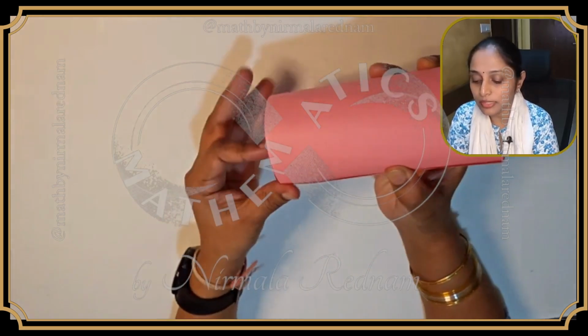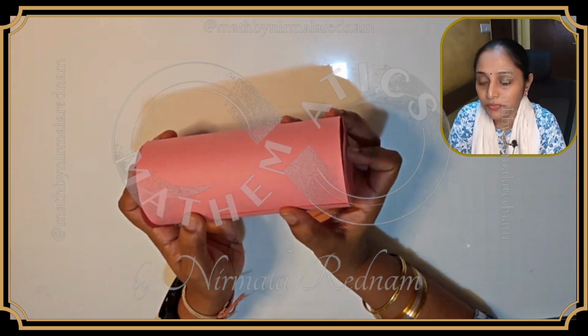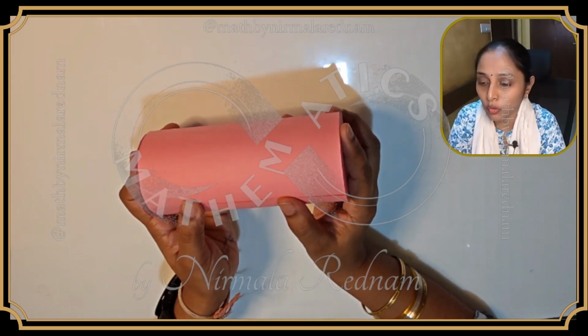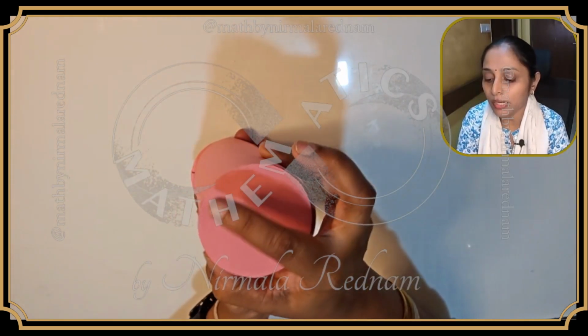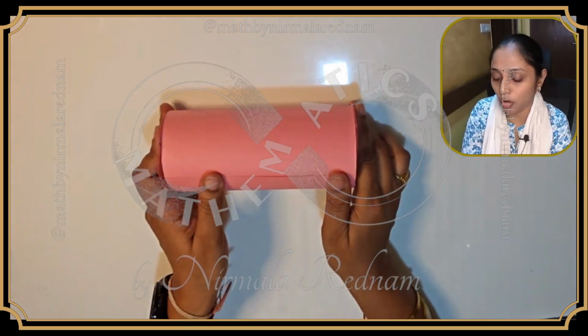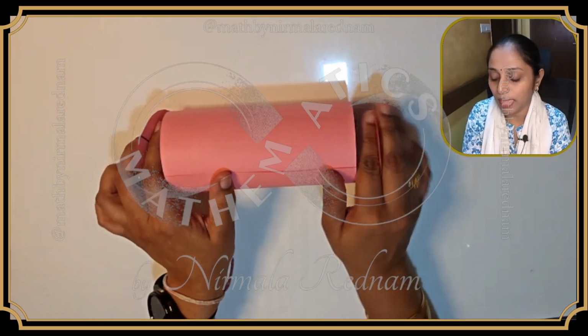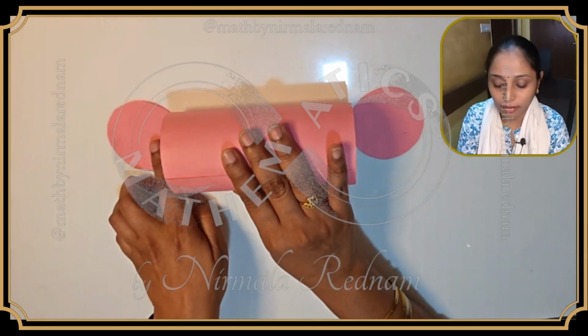So if you look at the cylinder here, in order to find the surface area, again we are going to look at the net. How do you get the net of a cylinder? You're going to cut along the circumference of the circle for the top and the bottom, right? And then you're going to have two circles here.